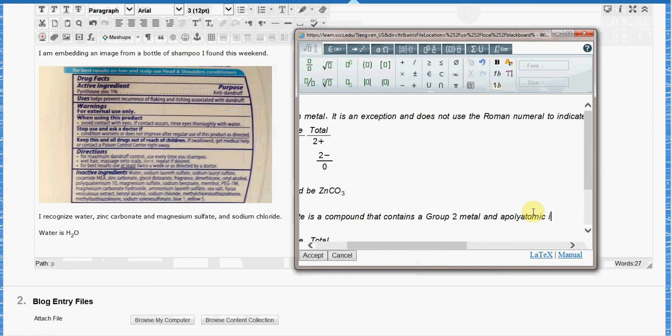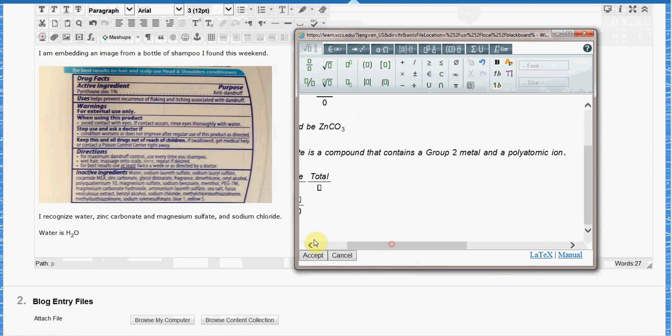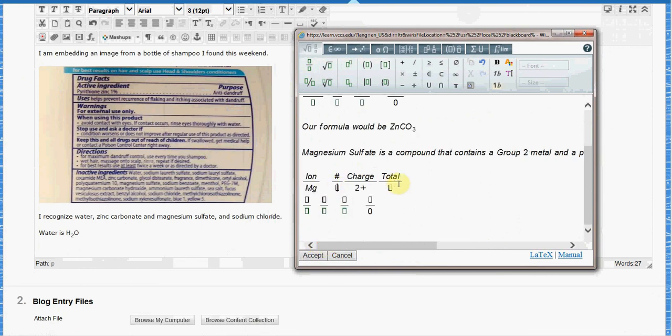This is really slow. So we know sulfate is SO4 with a 2- charge. So again, we're going to need 1 and 1.